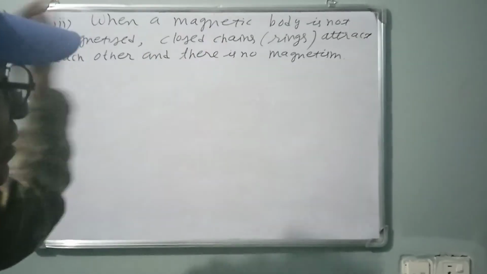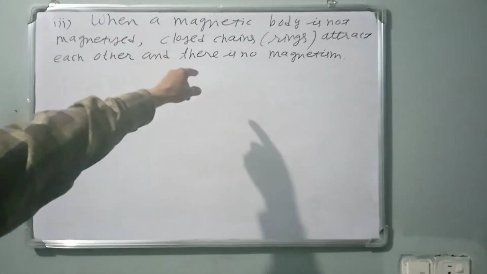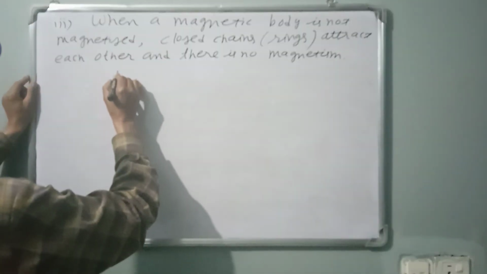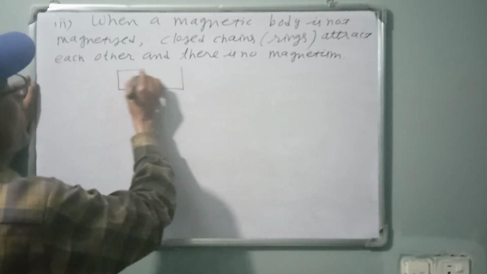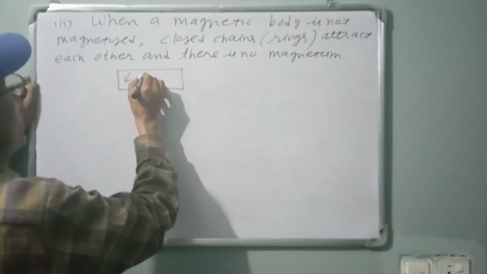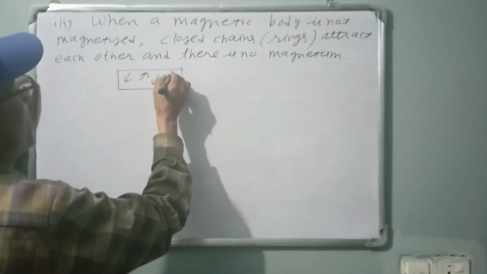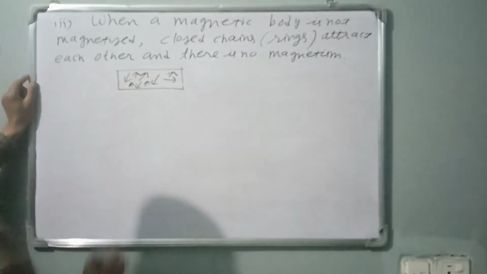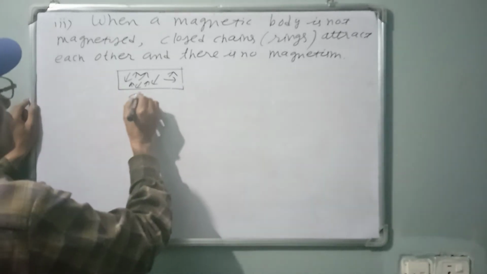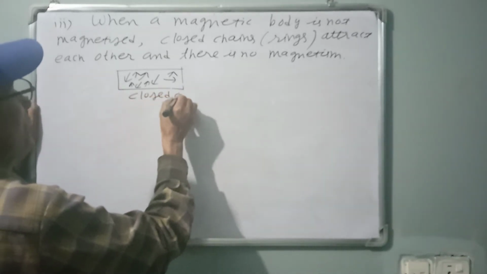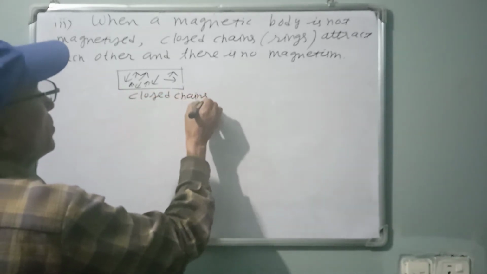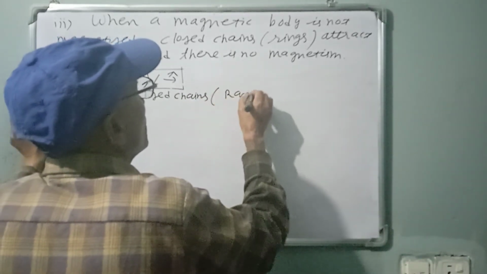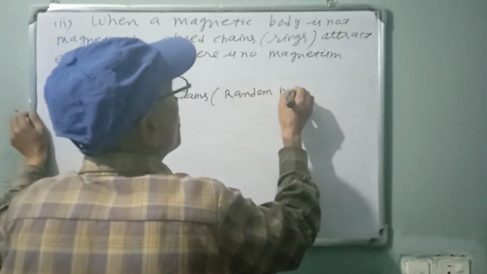एक आपसमा तानेर त्यसमा magnetic force equal and opposite हुन्छ. Total magnetic field is 0. For example, I will show here. This is called closed chains, or random molecules.